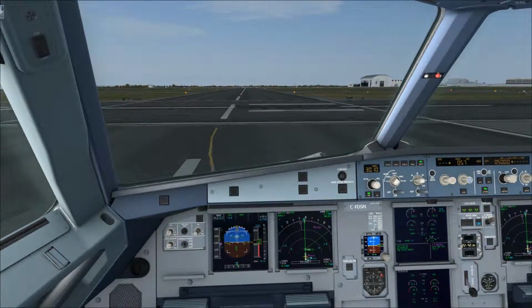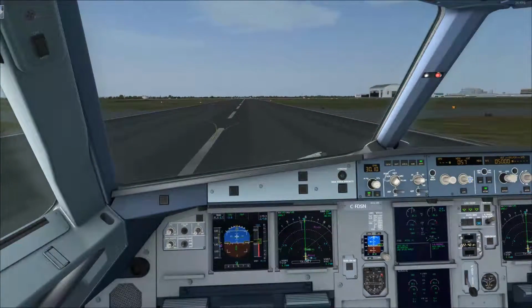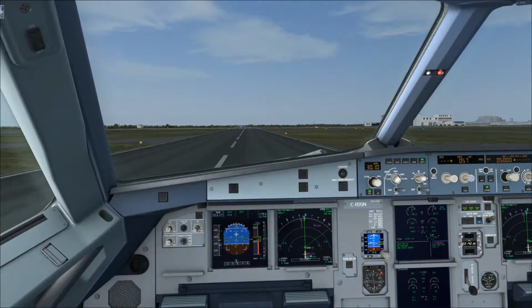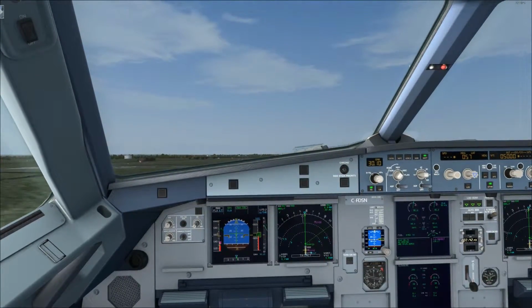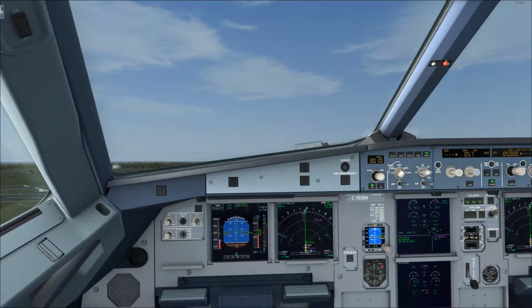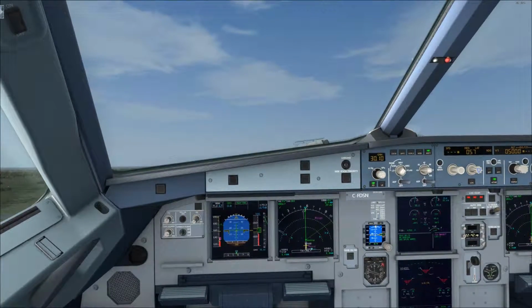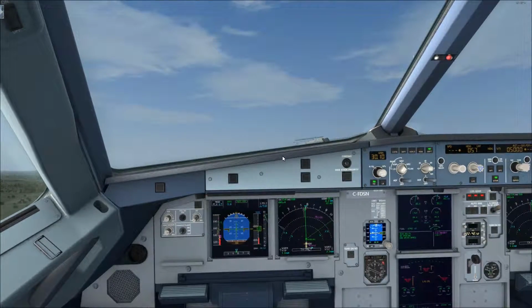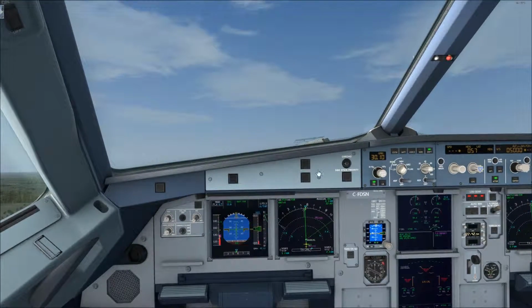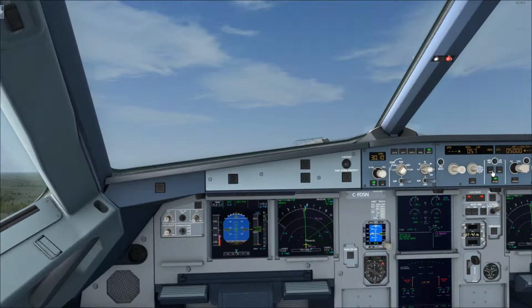Okay, rotate. You're pulling up. We're to climb out at like 15 to 20 degrees. Okay, gear up. Our speed is falling. We're going to put on the autopilot. Autopilot is on.